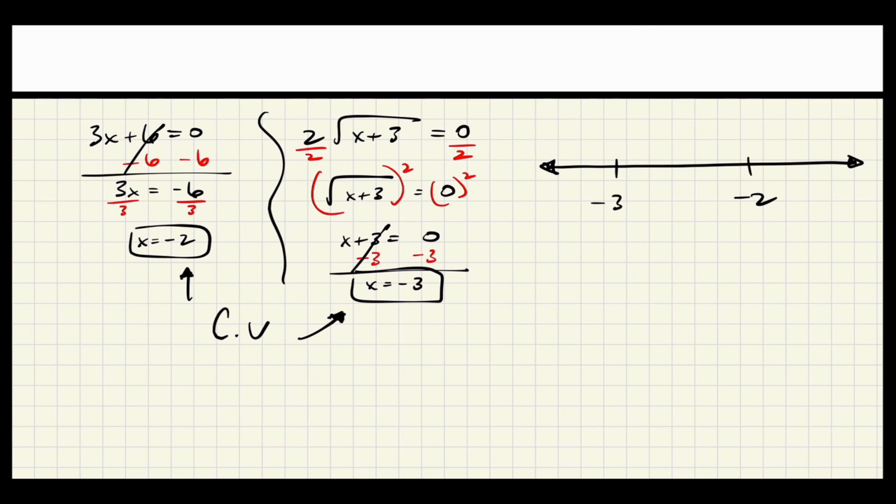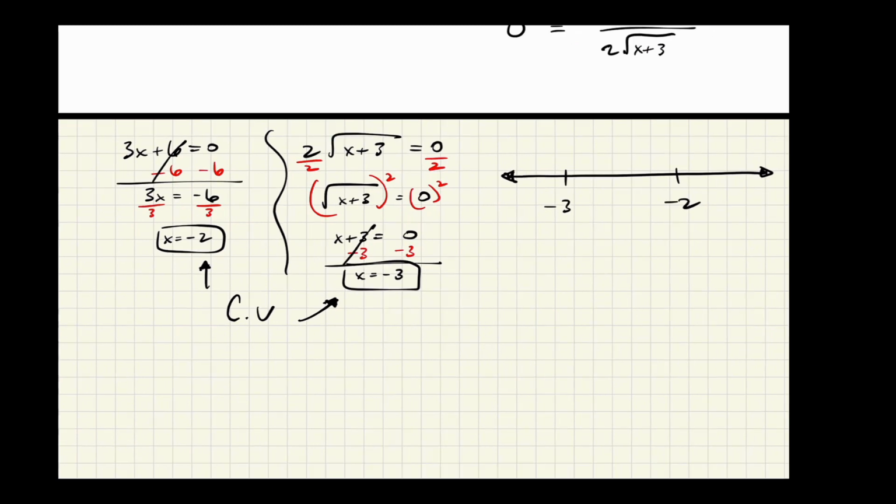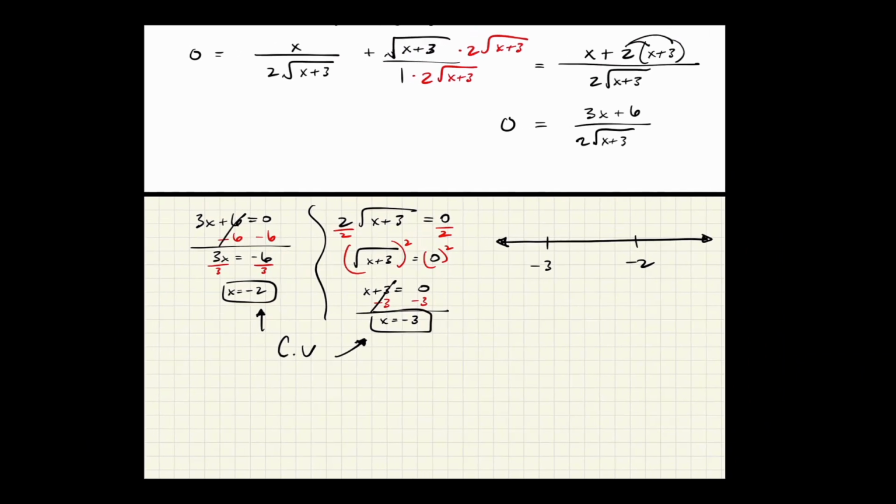So I need to plug in a number to the derivative that was less than negative 3, in between negative 3 and negative 2, and greater than negative 2. That's the last thing I have to do to figure out where it is increasing, where it is decreasing.